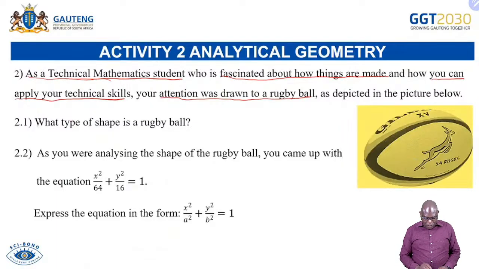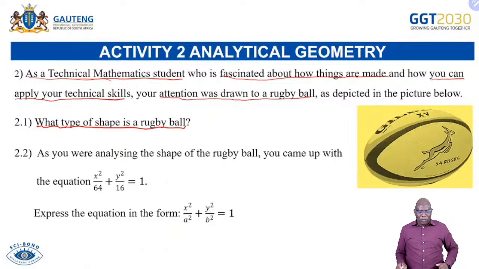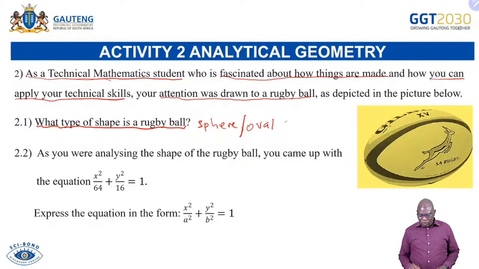Now this examiner is trying to determine if you know the shape of that ball. It is a rugby ball, but what is the shape of the rugby ball? Some might say it's a sphere. Some might say it's an oval shape.